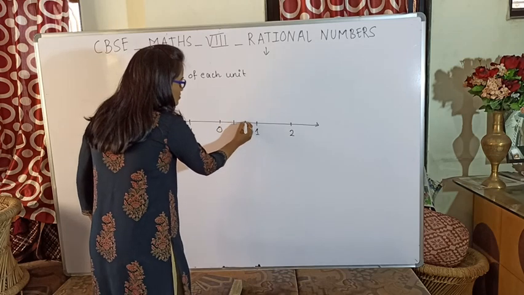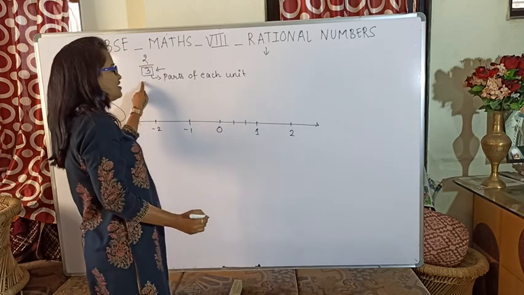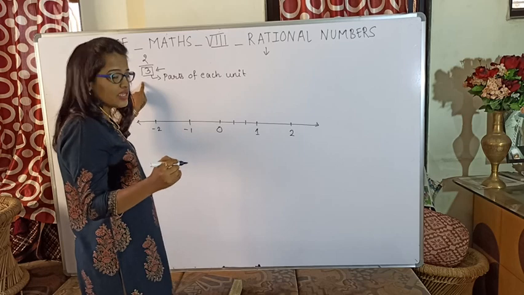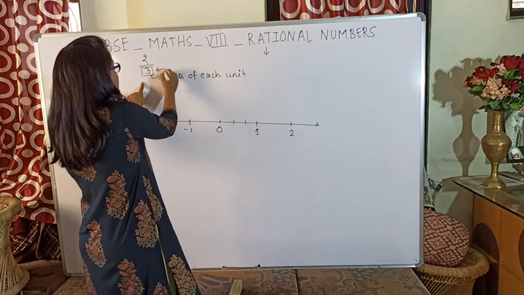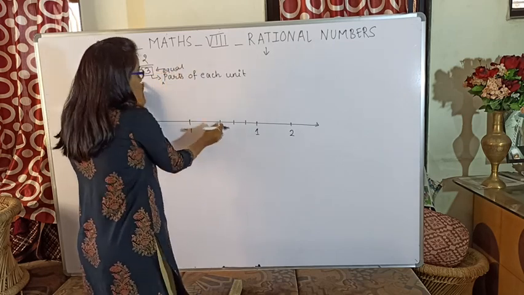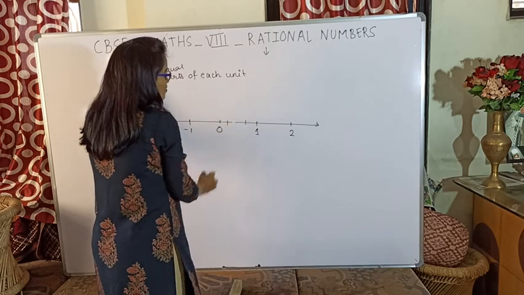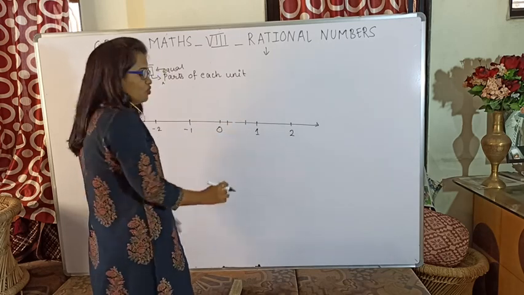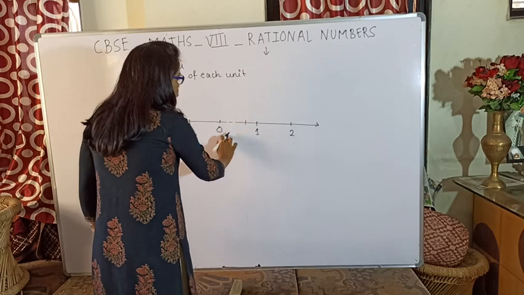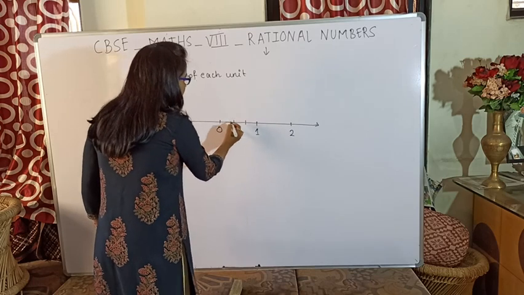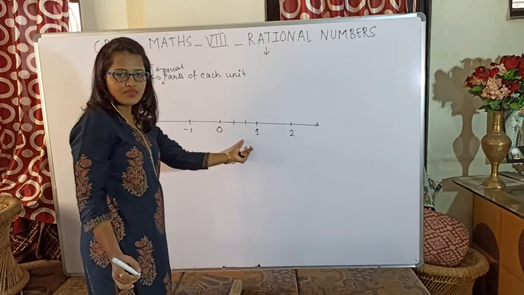So 1, 2. Even though you are saying 3 parts, ideally you are making only 2 lines. Now the parts should also be equal parts, meaning you cannot draw the first part here and the second part here. Are they equal? No. The parts which you are making have to be equal in length, right?